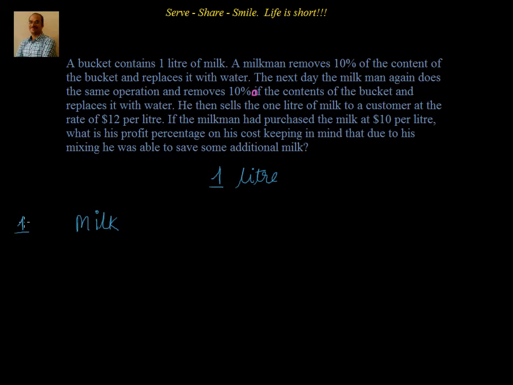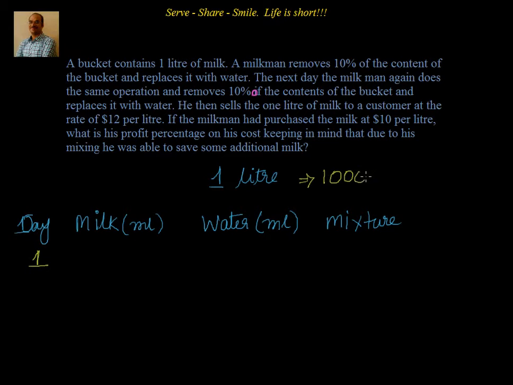We will make a table with day, milk in ml, water in ml, and the mixture. Let's try to understand what he did. Day 1, milk total 1 liter, that's nothing but 1000 ml.